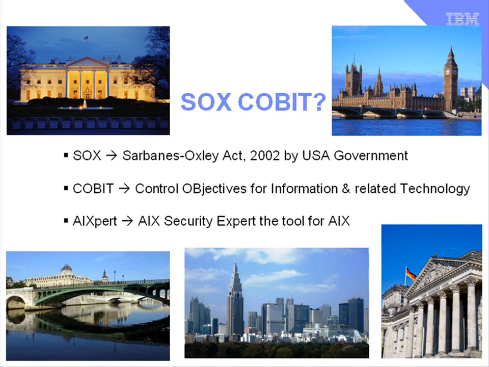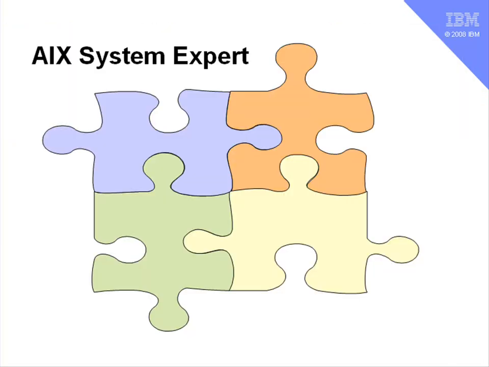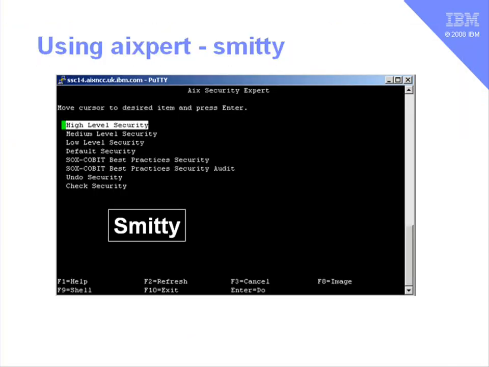We were actually on the committee that put the recommendations that are implemented into the AIX tool. Now I need to point out that SOX and COBIT are US American government standards, but as all companies in the world like to deal with America, they have to conform to these standards as well. And it's a good thing that we all stick to the same set of standards because that lets us cooperate quite a lot better. Let's move on then to the aixpert program itself.